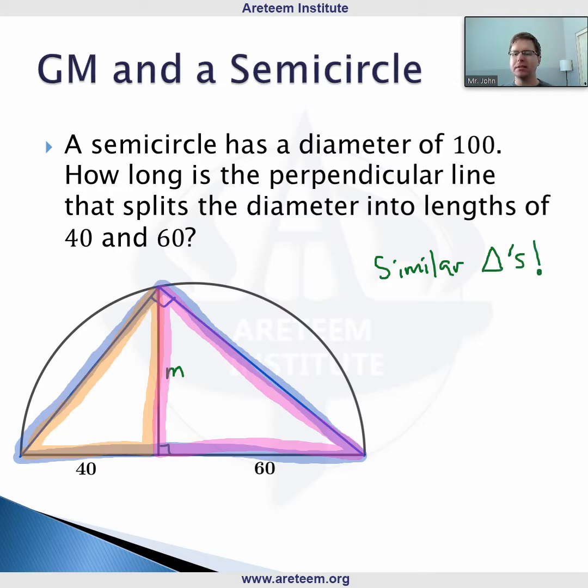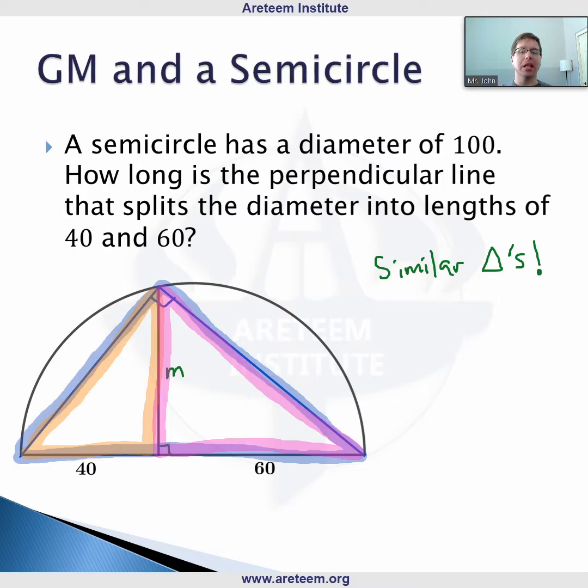Now, what does that tell us about these distances and these lengths involved? Well, let's look at the orange and the pink triangles in this case. They're one side compared to the other. They're two legs. So we don't know the two hypotenuses there, we don't know the legs of this blue triangle.